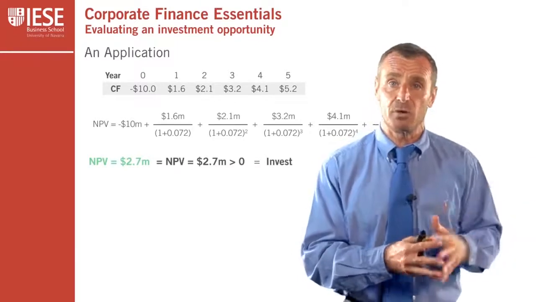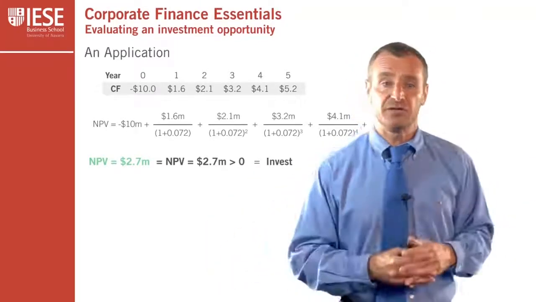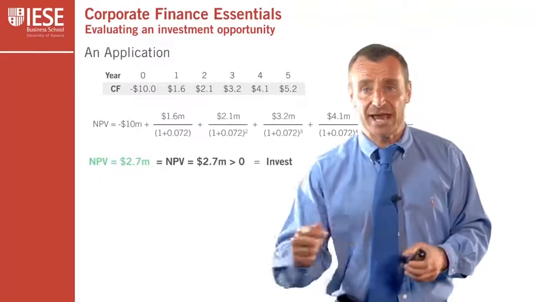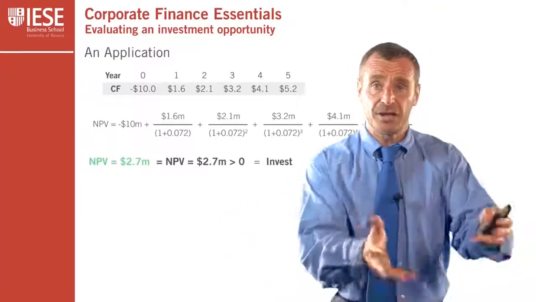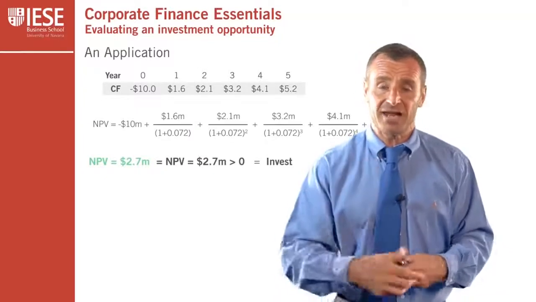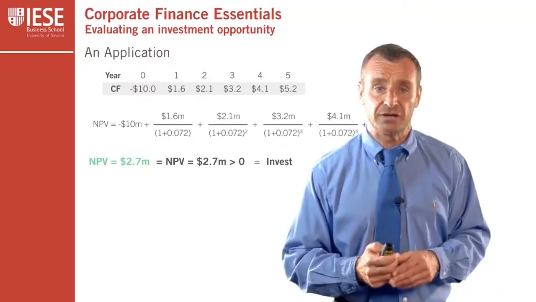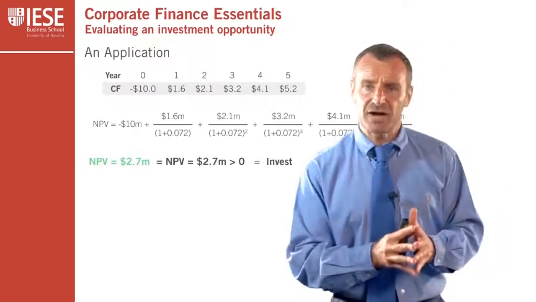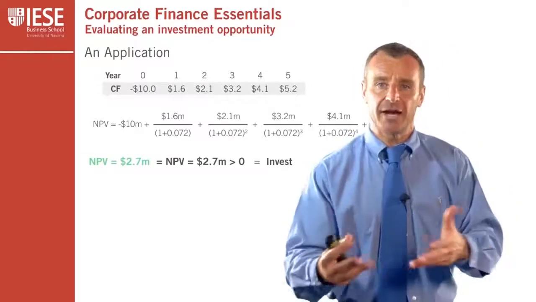If you actually get a positive net present value, then you should invest in this project. So as you see, the calculation is not very different, and again, you don't have to do this by hand. You basically throw the numbers into Excel, and Excel will give you what that net present value is going to be. So as far as the net present value is concerned, then we should go ahead and open this coffee shop.